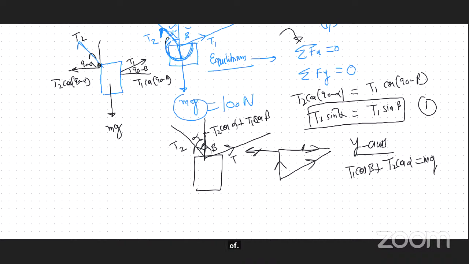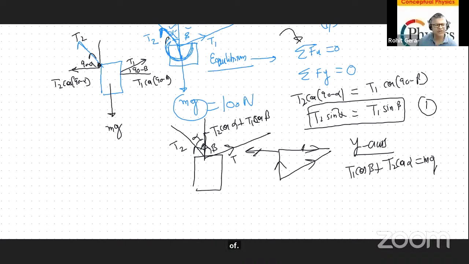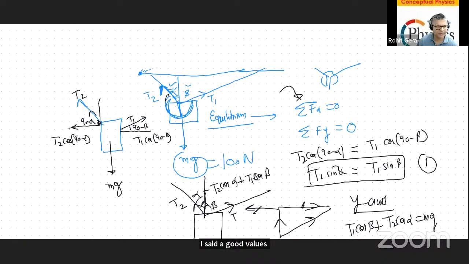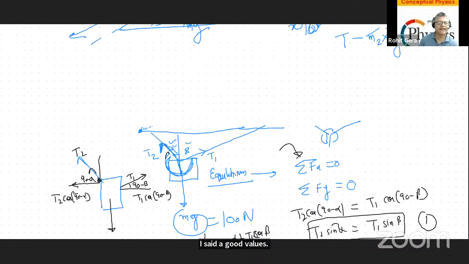Sir, if we know the values, we can find them with Lami's theorem. We won't discuss Lami's theorem right now. Let's focus on learning tension. When we become proficient in multiple techniques, we will decide which technique is better. Short answer: if we know the values, yes. But with that, you will not come to know what the tension behavior is. It was not given in the question that the tension is acting like this.